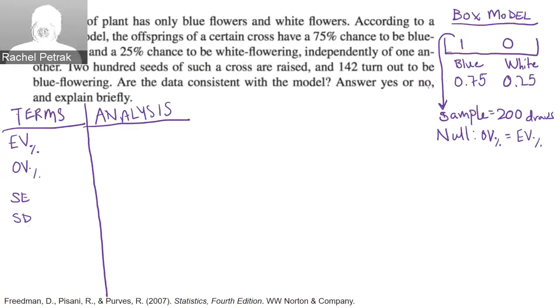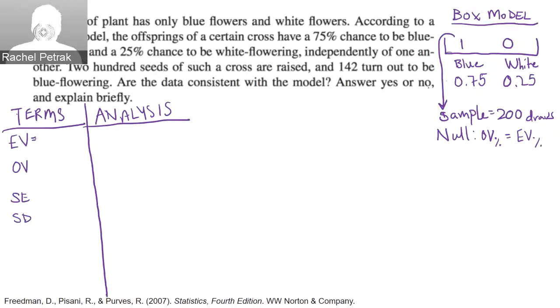First, as usual, we should already know the expected value. What's our expected value here? Oh, I guess we can do this in numbers. Mathematically, it's easier, so we'll do it that way.